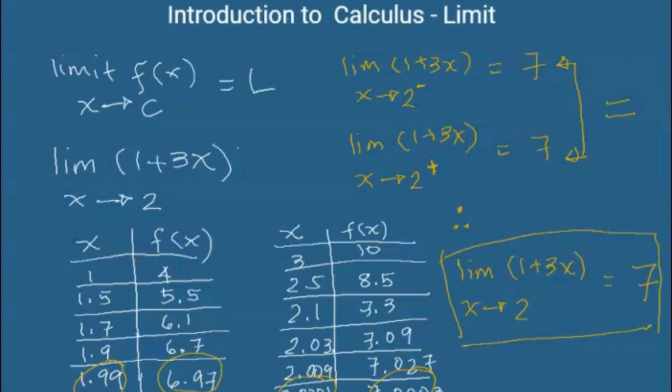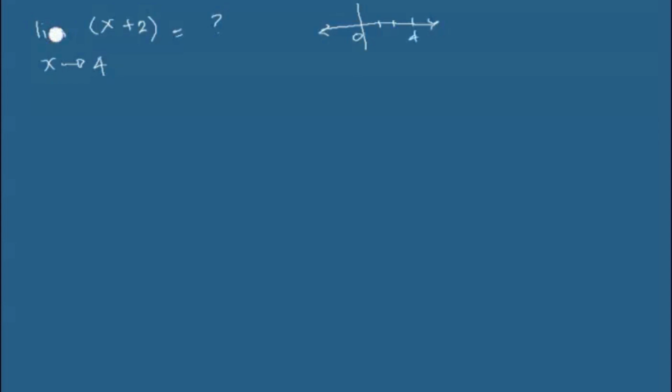Okay, let's have another example. Let's have the limit of x plus 2 as x approaches 4. So once again, with our number line, 0, say that's 4.